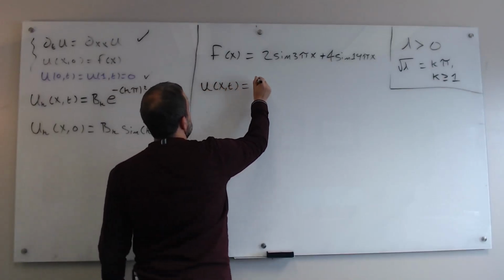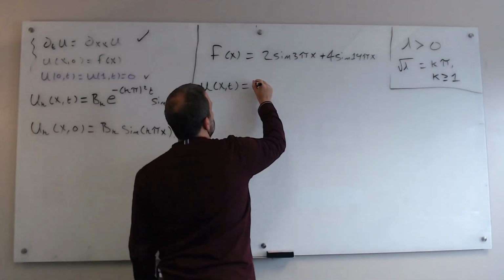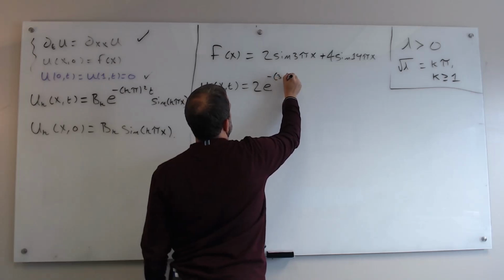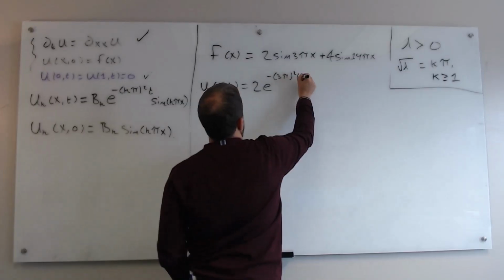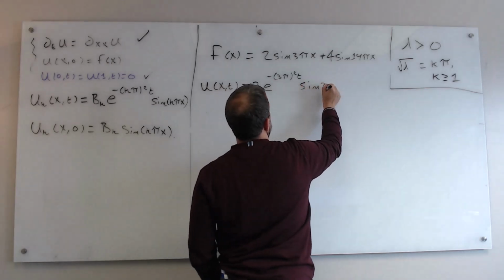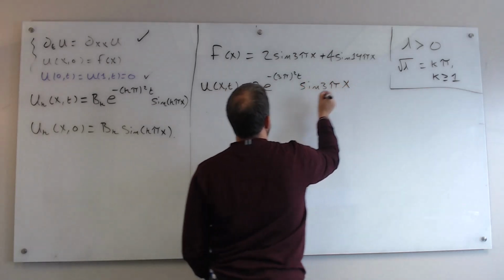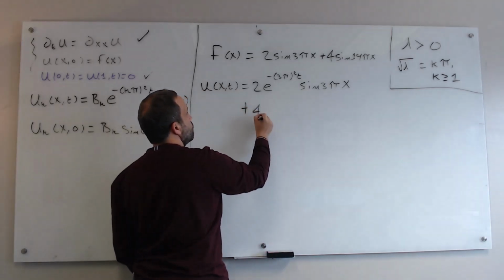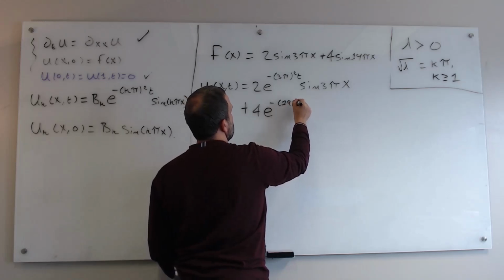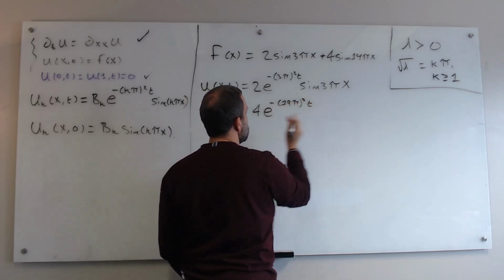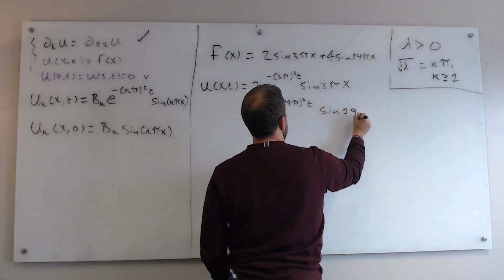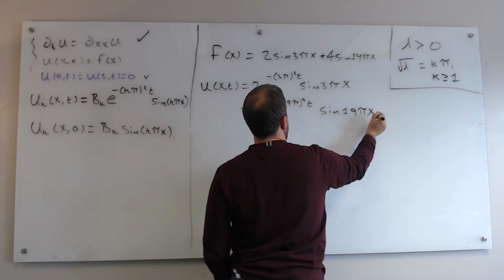So what about this? u of x,t is equal to 2 e to the minus 3 pi squared t, sine 3 pi x, plus 4 e to the minus 19 pi squared t times sine of 19 pi x.